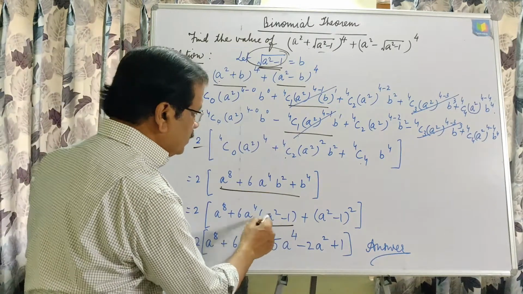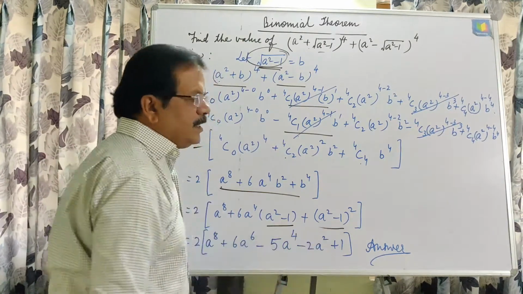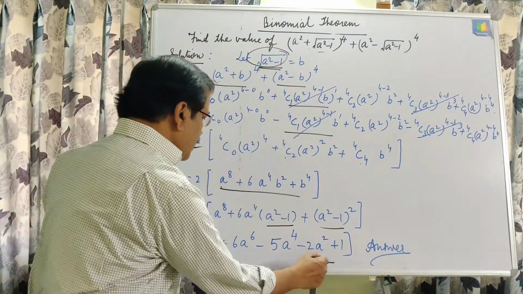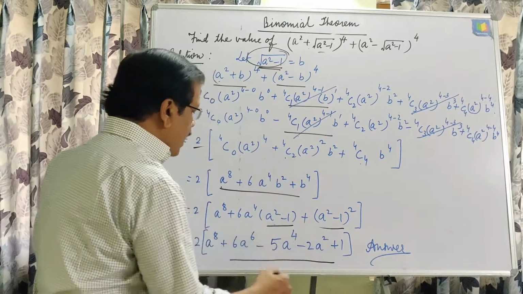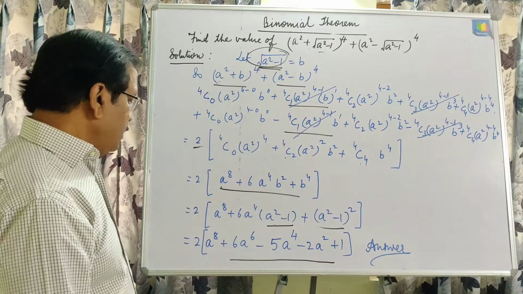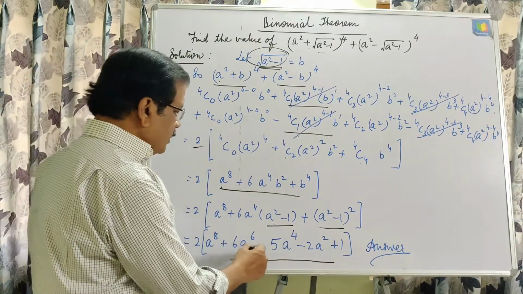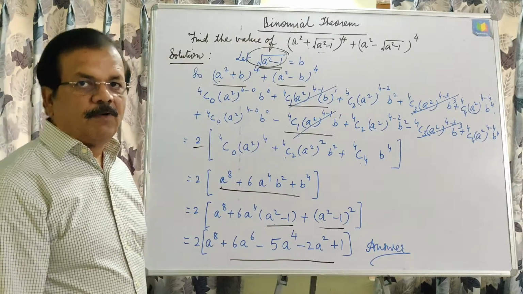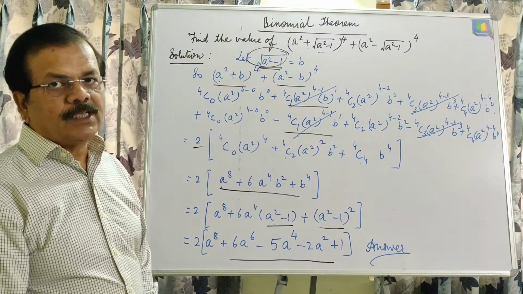We are writing here a² − 1, and this will be (a² − 1) whole squared. Ultimately, after expanding this and multiplying, we are getting 2(a^8 + 6a^6 − 5a^4 − 2a² + 1). This is the answer. Now next question.